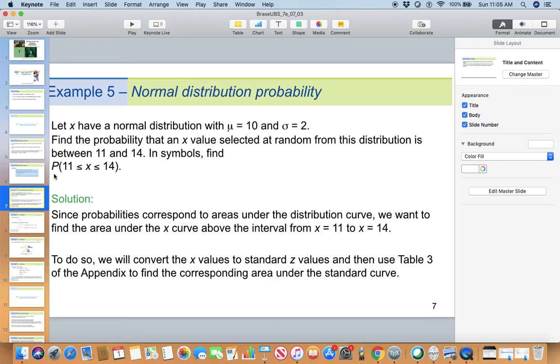In other words, you want to find the probability of those x values between 11 and 14. Since probabilities correspond to areas under the distribution curve, we want to find the area under the x curve from x equals 11 to x equals 14. So first we'll convert the x values to z values and then use our table.